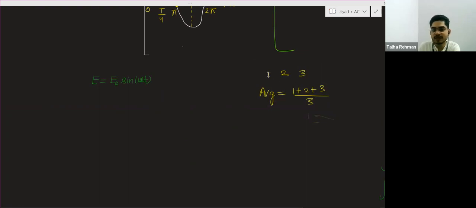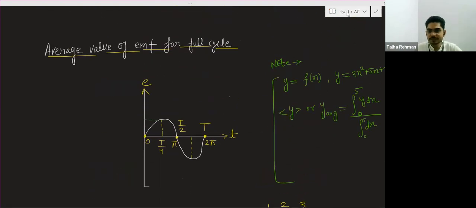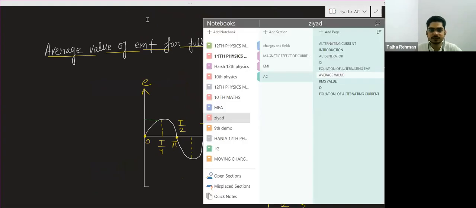This concept is valid here because these are constant values. But here this EMF is changing at every instant of time, so we cannot calculate the average like this. That is why we will take the help of integration.